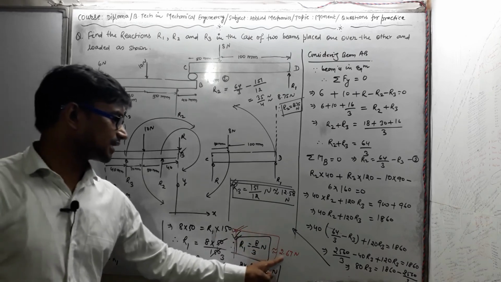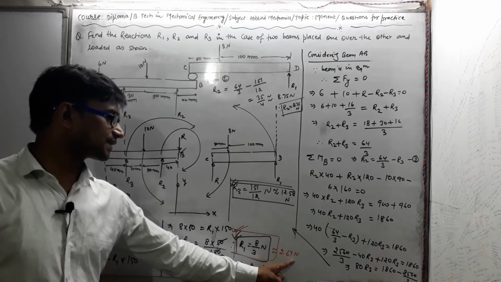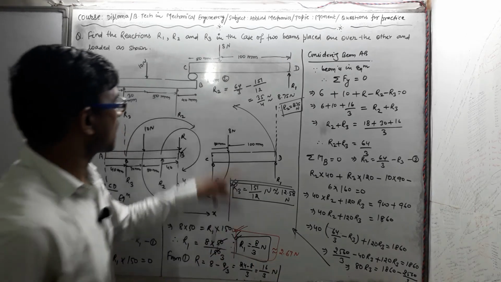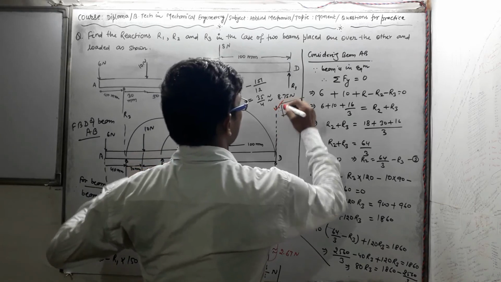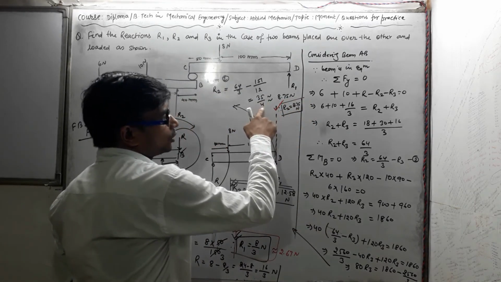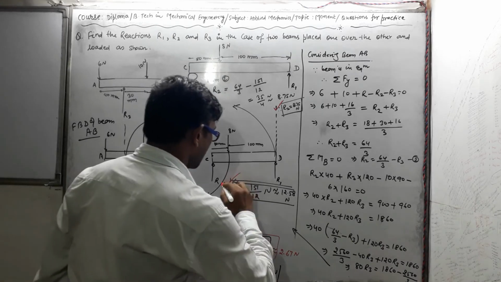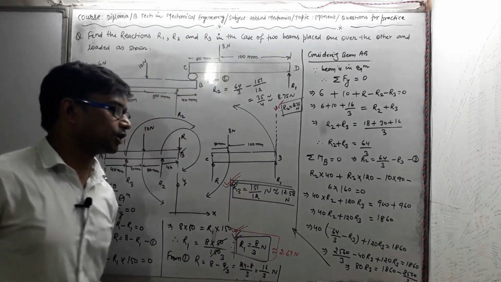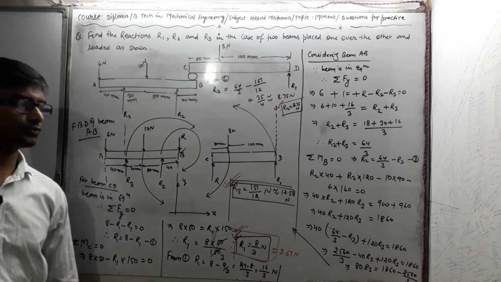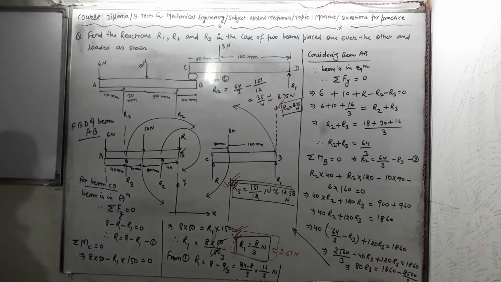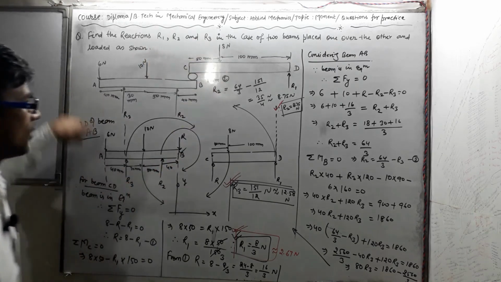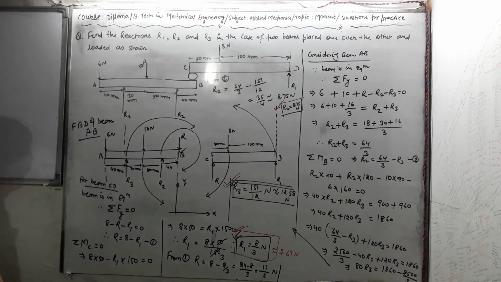So I have taken the approximate value 2.67 Newton for R1, and R2 value we have 8.75 or 35 upon 4 Newton, and R3 value we have 151 upon 12 Newton, which is approximately equal to 12.58 Newton. So this was all about the unknown reaction forces R1, R2 and R3 for this question.